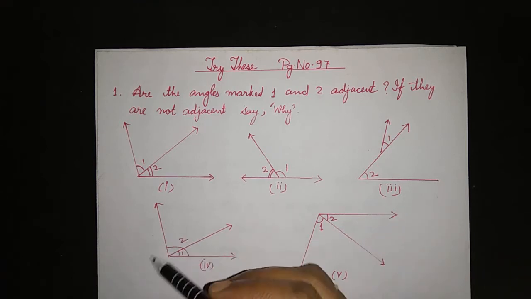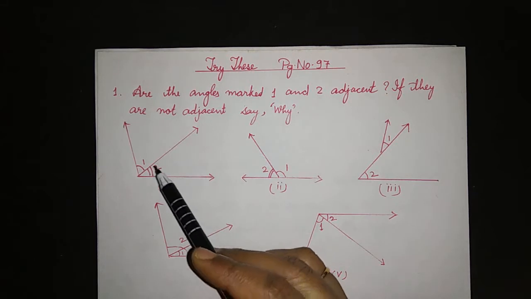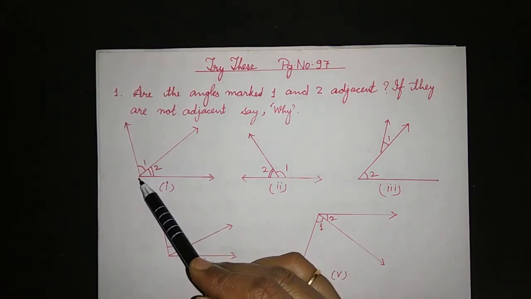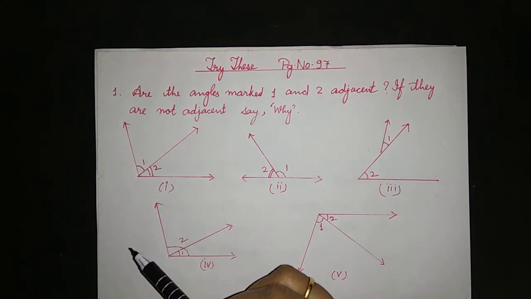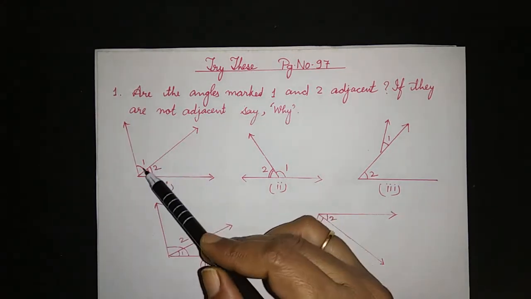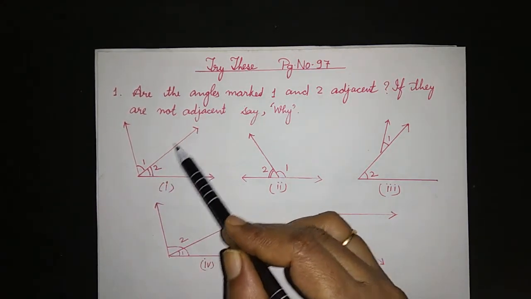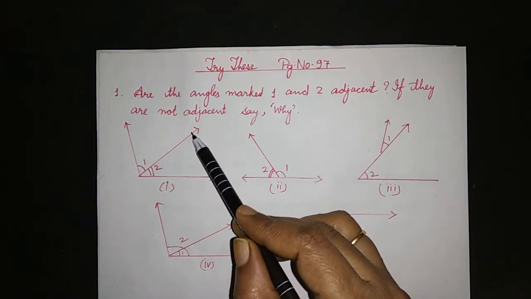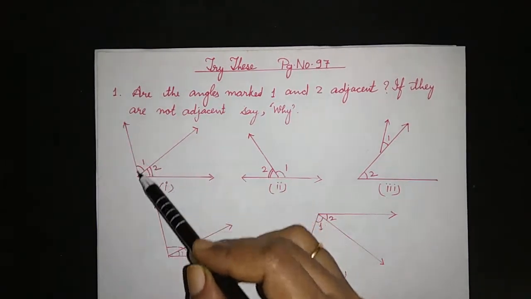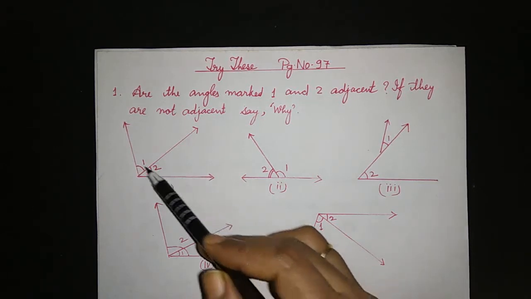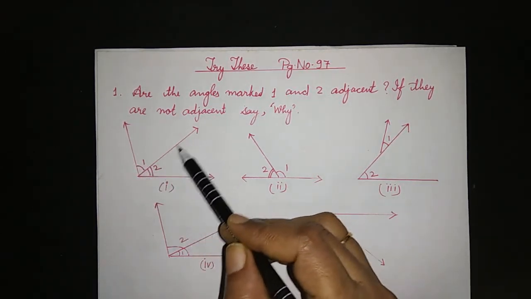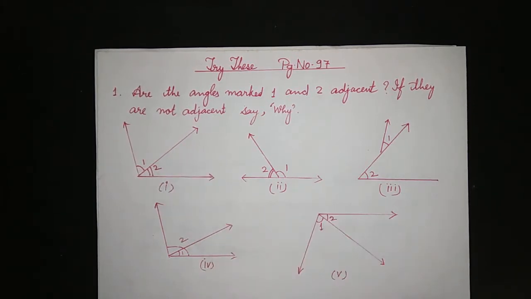Here in the first part, you can see this is the common vertex for angle 1 and angle 2, and they both have a common arm here. And these two arms are non-common arms which are on either side of this common arm.